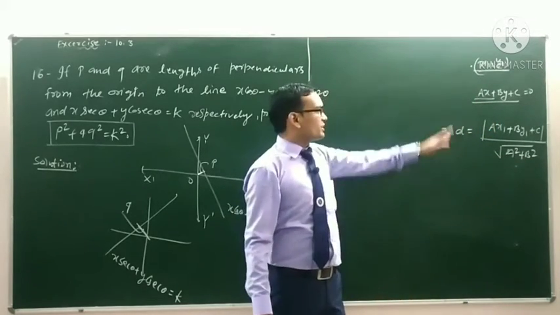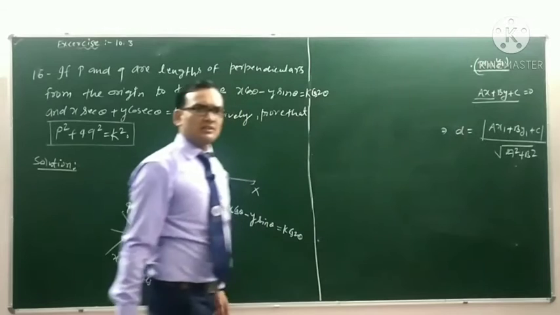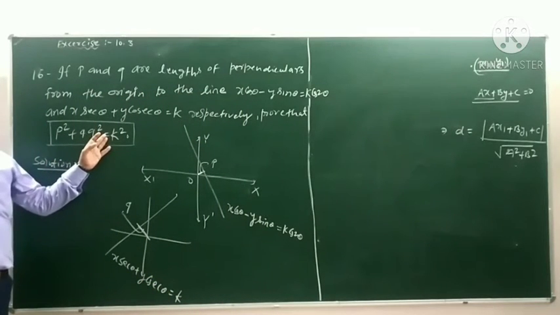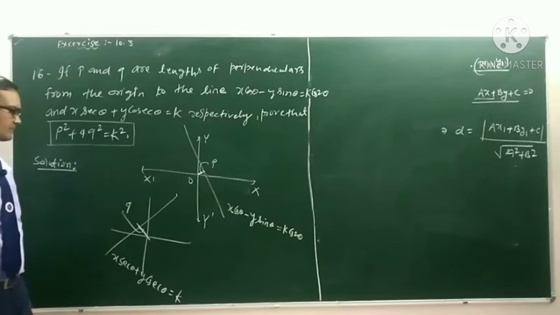Using this formula, we prove that p square plus 4q square is equal to k square.